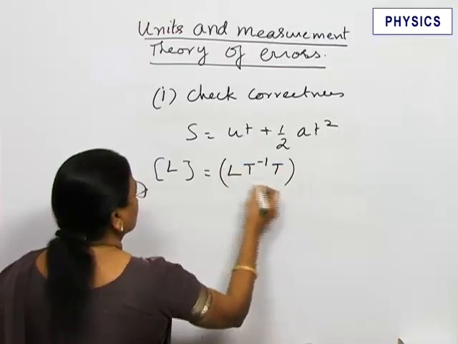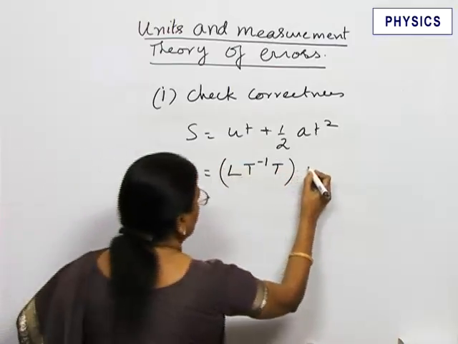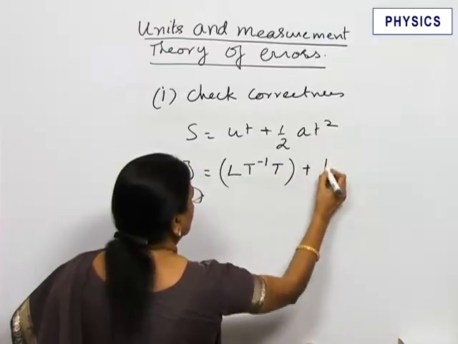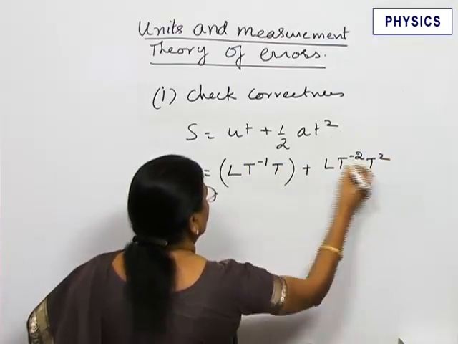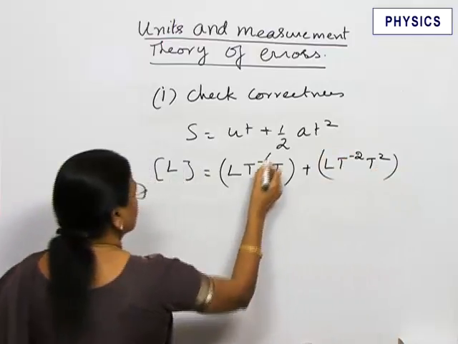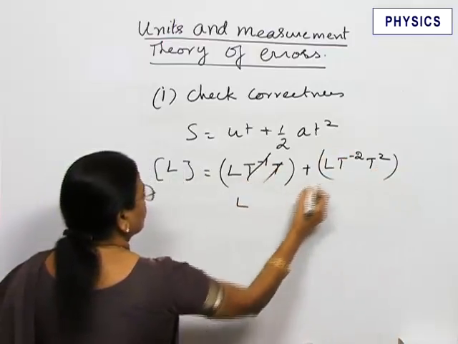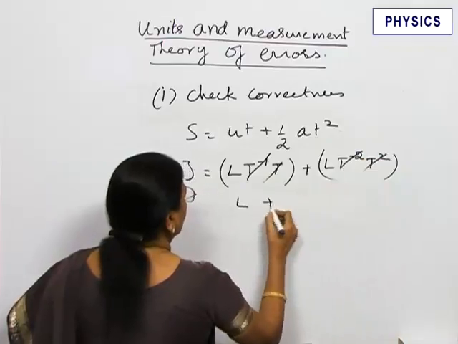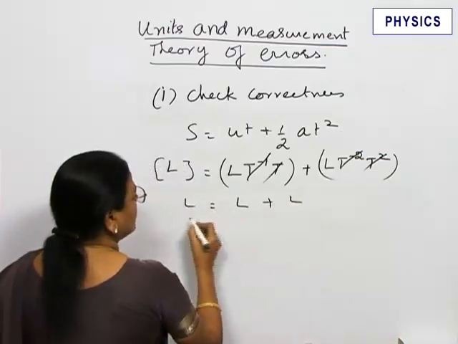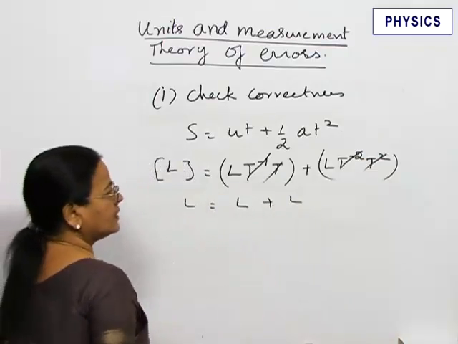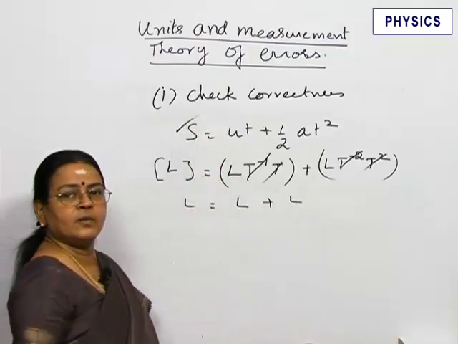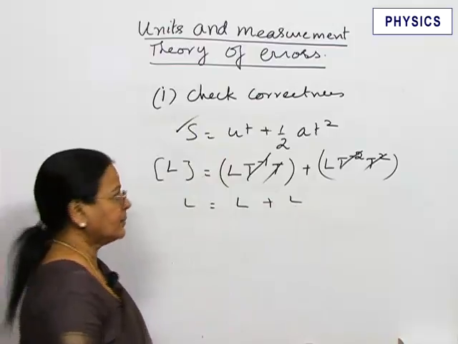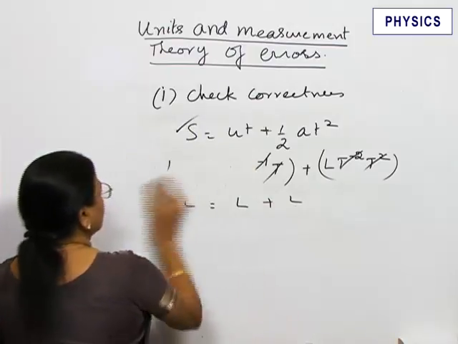So this becomes L t minus 1 into t, and then this is acceleration L t minus 2 into time square. Simplify this, you get L here. Simplify this, you get L. So the equation is dimensionally consistent. So this is one application.